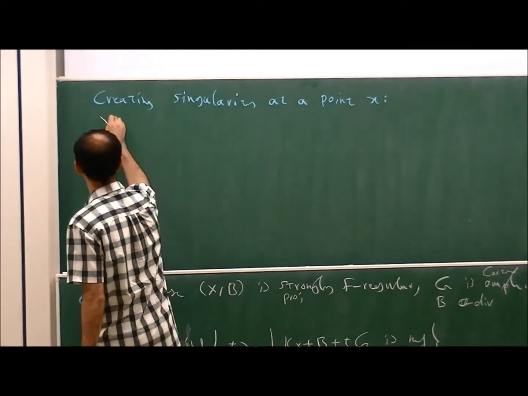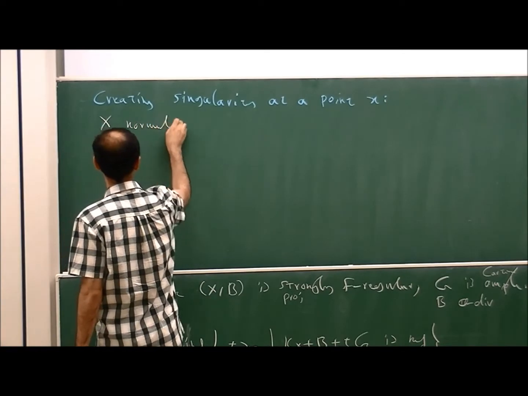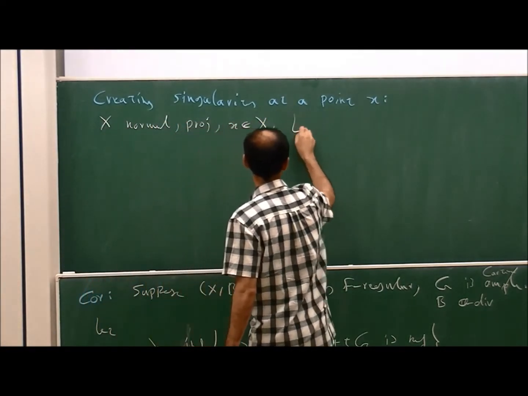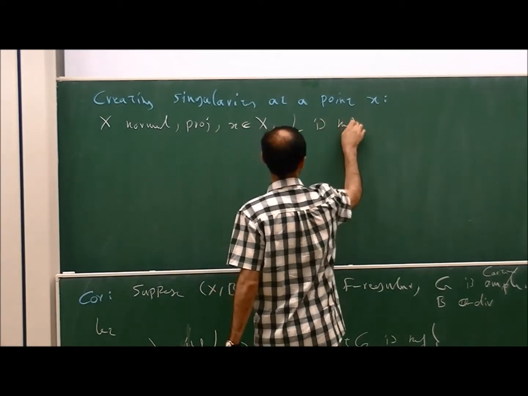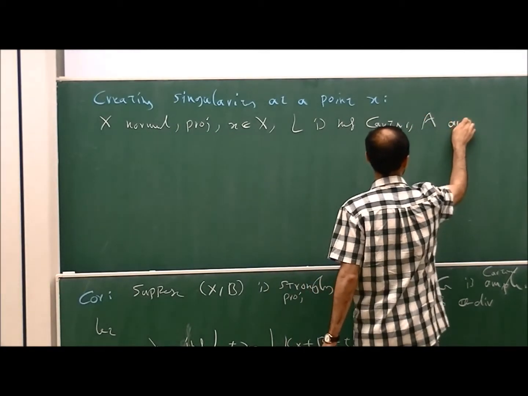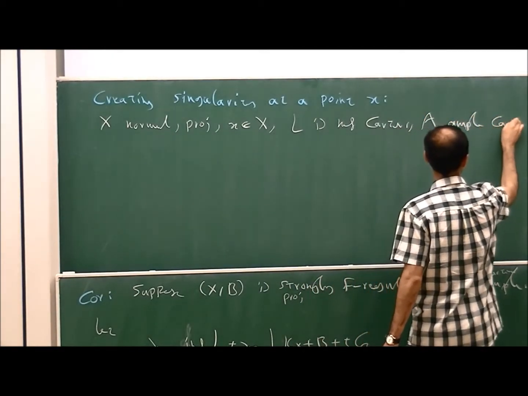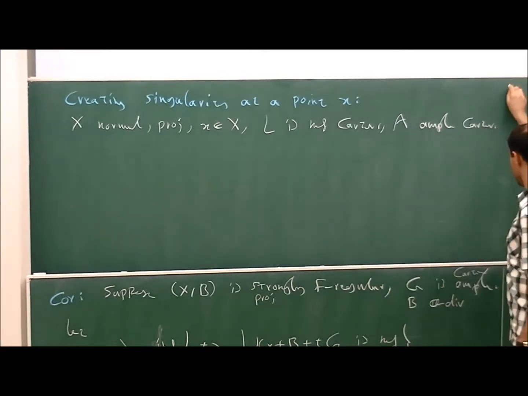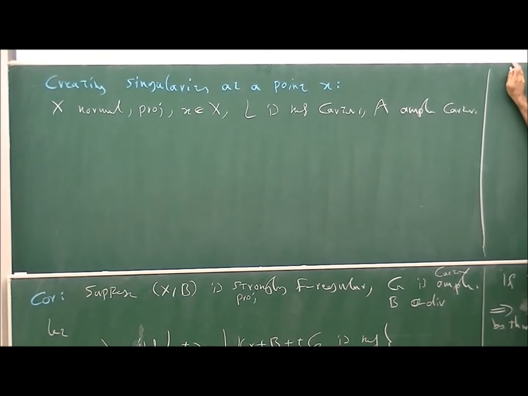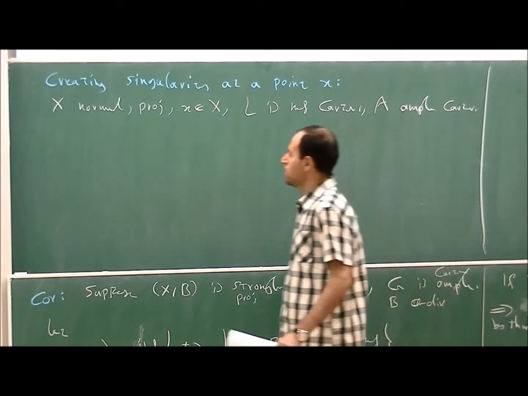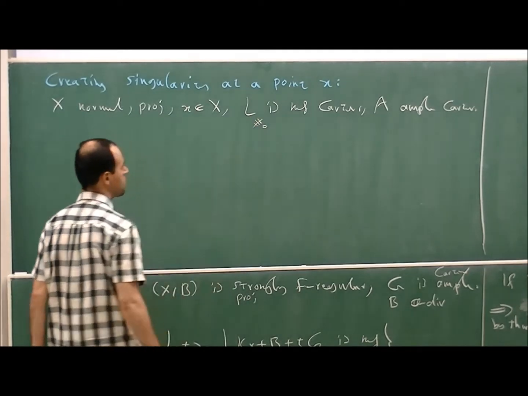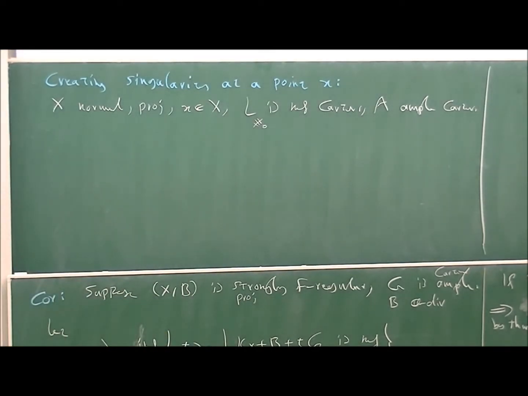So suppose that X is again normal projective with fixed point X. Assume that L is nef, assume that A is ample and Cartier. So the Cartier condition later we will remove it. But for the moment we have this set. So assume that this L is not numerically trivial.